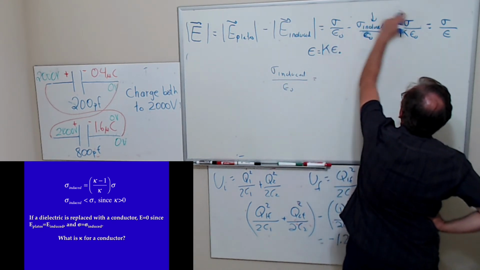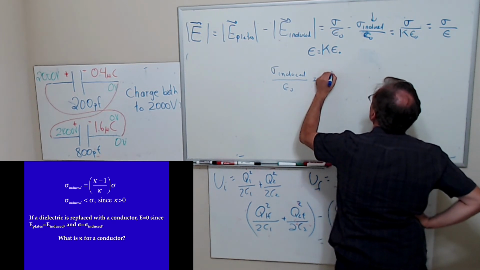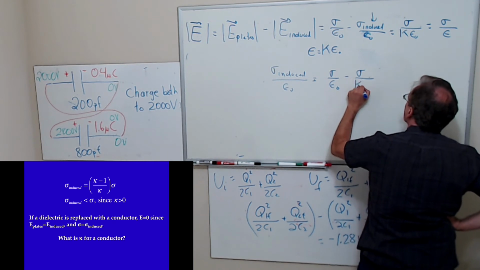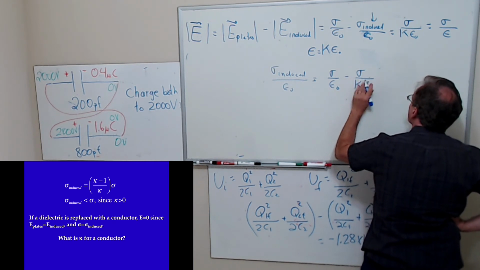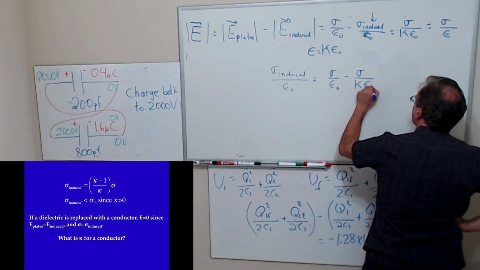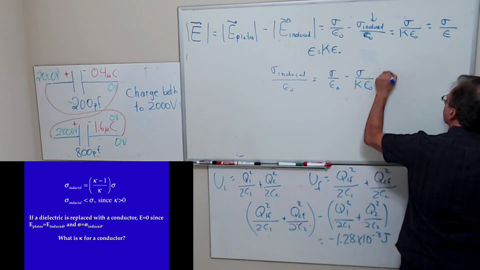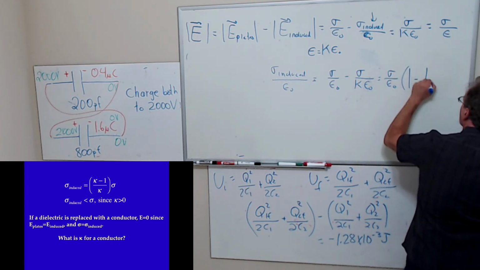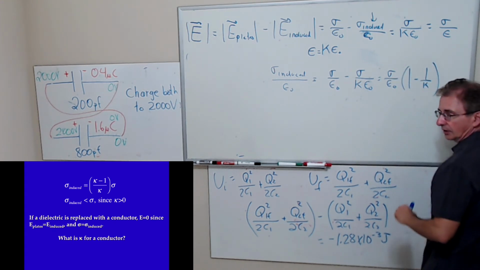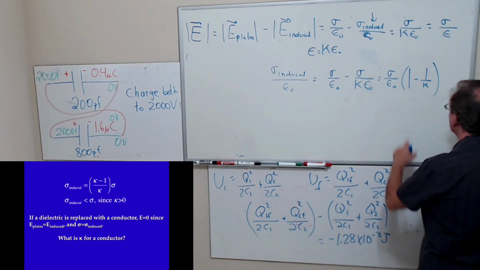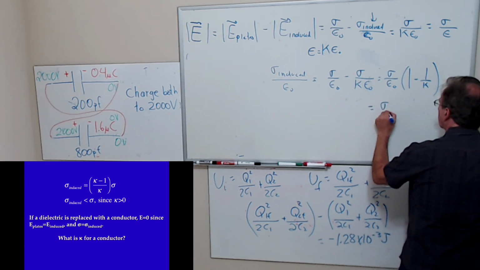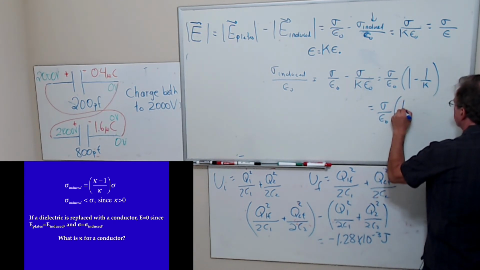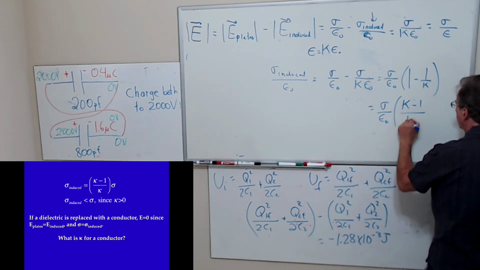If I move this to the other side of the equation, you can write it in this fashion. And if you get a common denominator, what you get is kappa minus 1 over kappa.